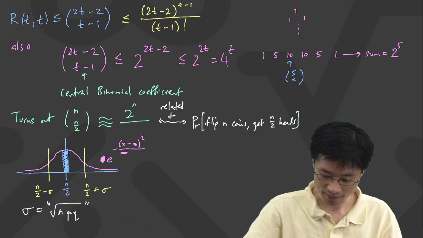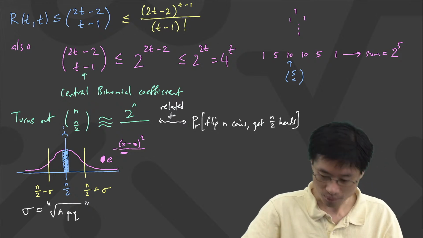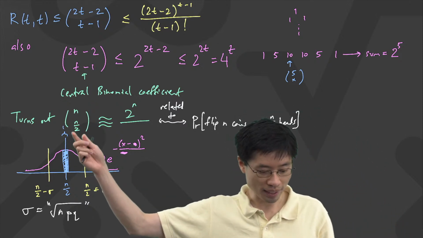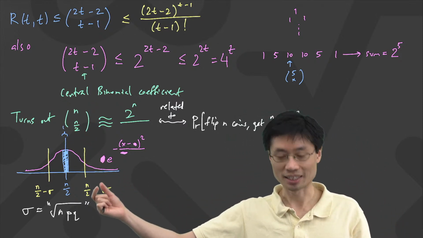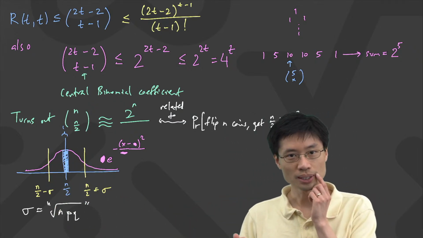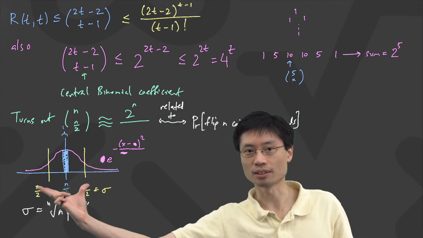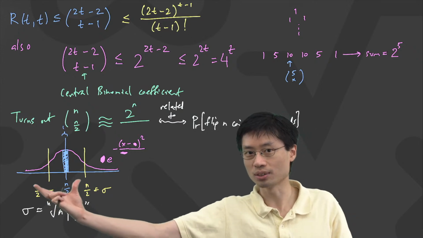The width is 1, and that's nice. And this area underneath it is right here. But the important thing is, how wide is the whole thing anyway? The whole width is like order of magnitude square root of n.